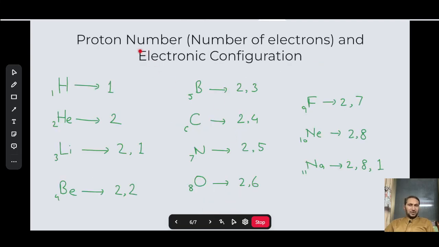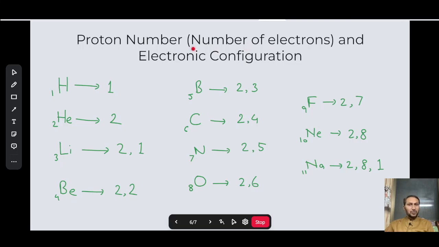Now, as I mentioned, the number of protons, the positive charges, and the number of electrons, the negative charges, in an atom are always equal. Originally, before bonding, every atom is neutral and has an equal number of protons and electrons.